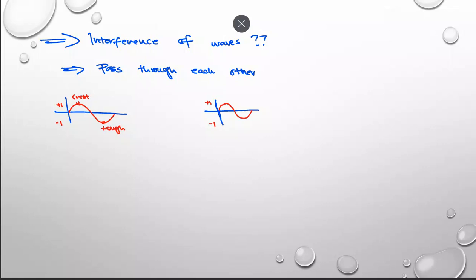So what happens is that when two waves meet, if the crest aligns with the crest, let me say crest to crest, if these two align, we are going to have the type of interference which we call constructive interference.